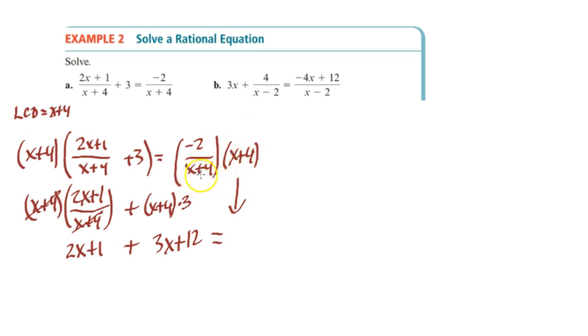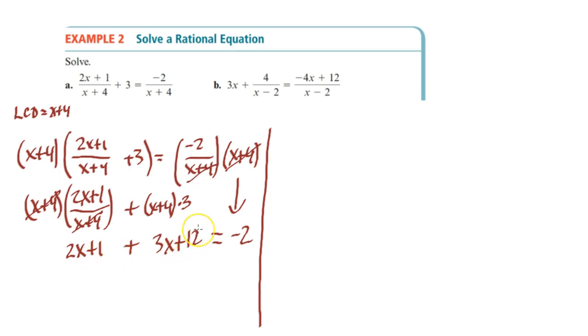The x plus 4 cancels out with the x plus 4, and you're just left with negative 2. At this point, what's nice is that when you multiply by the LCD and then simplify, the fractions are gone. There are no fractions remaining. That will always happen. It may take a little bit of practice, but you want to get used to this, and you'll see that it will happen.